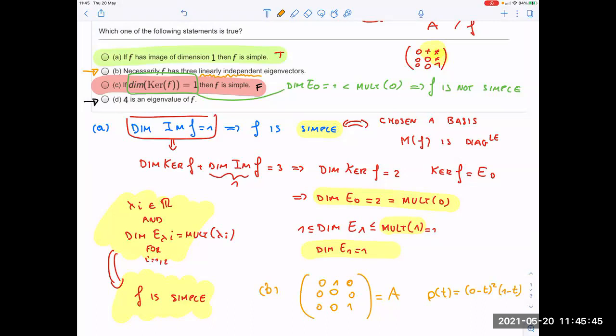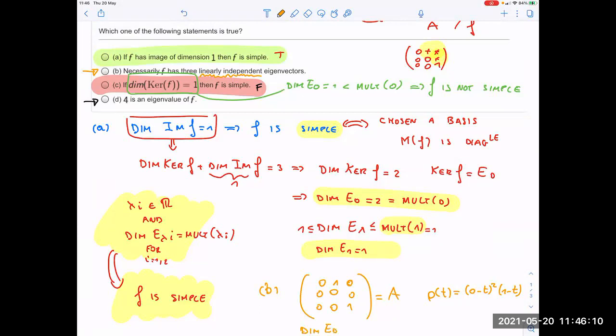So it is exactly the one we had before. We see immediately because it is triangular, right? Now, can you compute the dimension of E0 in this case? Can you compute the dimension of E0 here?